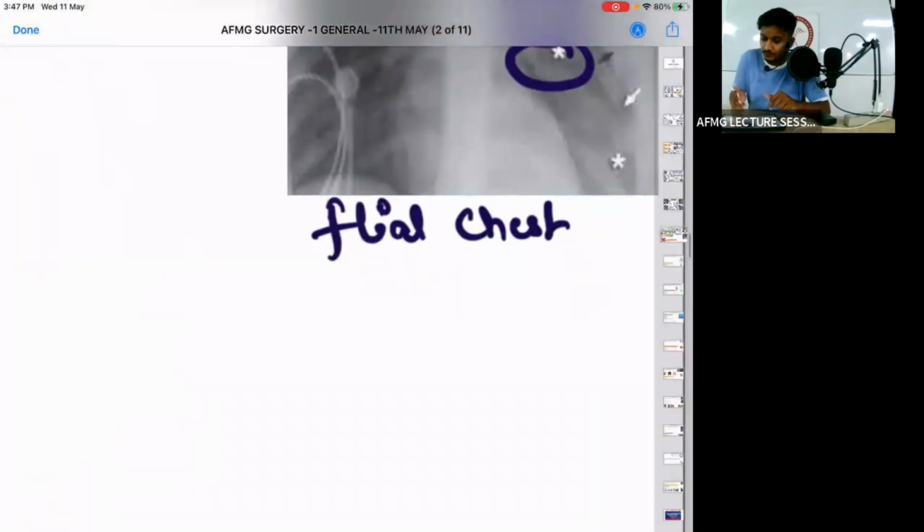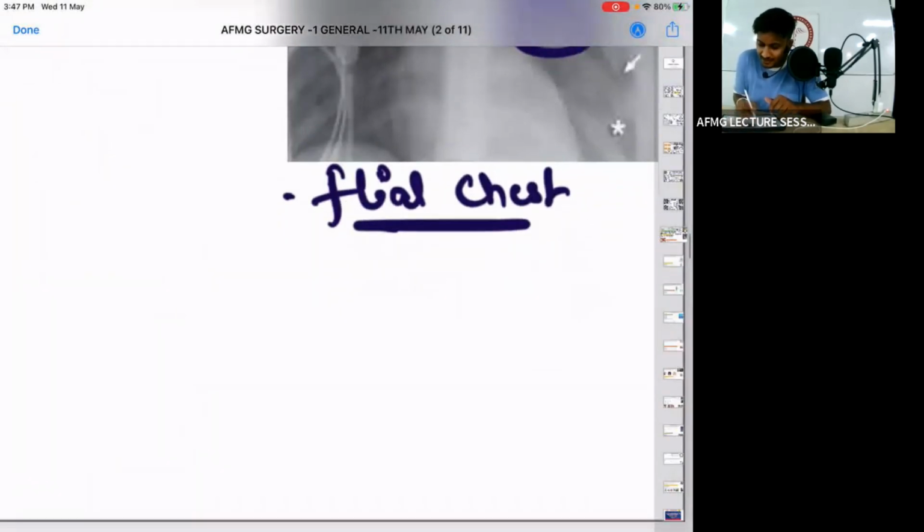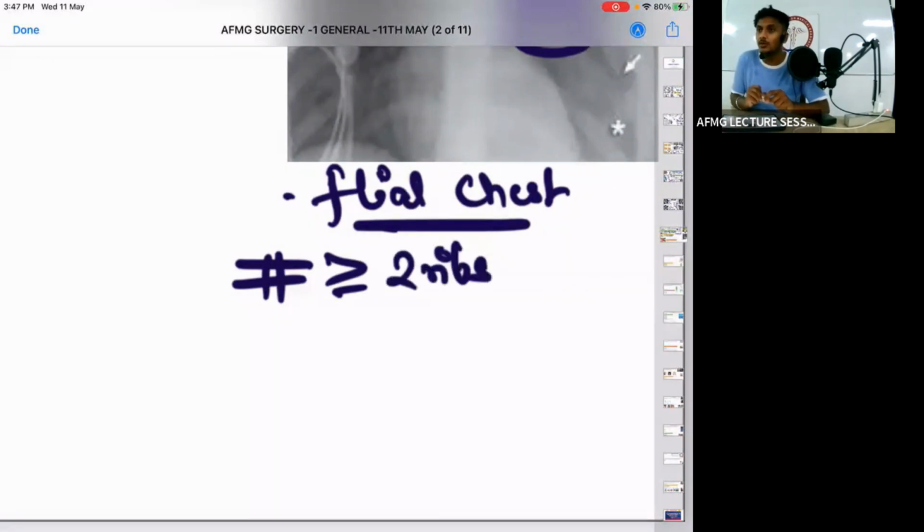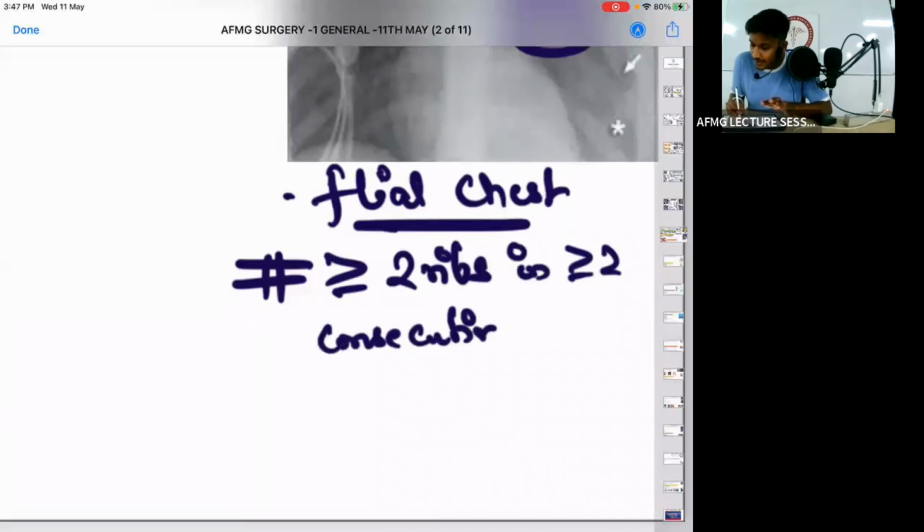Fracture of more than equal to 2 ribs according to ATLS, 3 according to Bailey, in more than equal to 2 consecutive places.